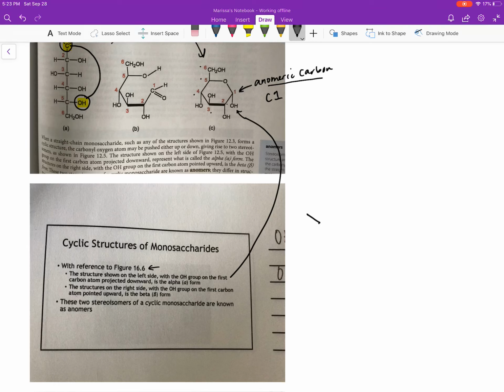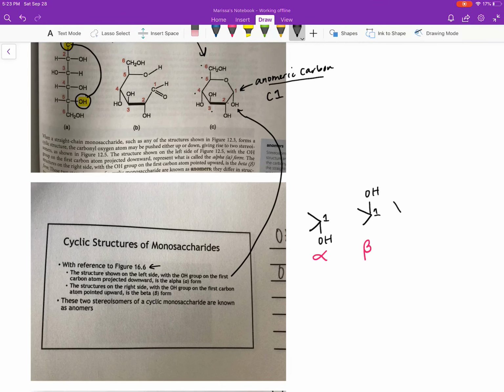If we're looking at the anomeric carbon, carbon number 1, and the OH on that carbon is pointing down, we call that the alpha form. If the opposite is true, and on carbon 1 the OH is pointed upward, we say that's the beta form.